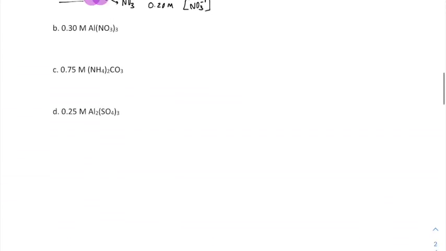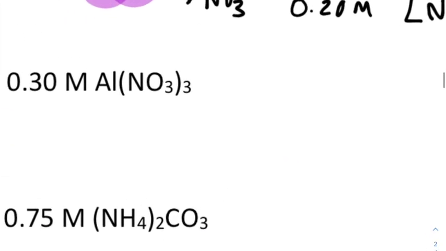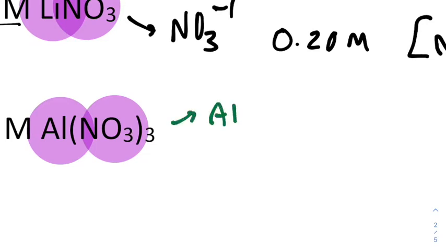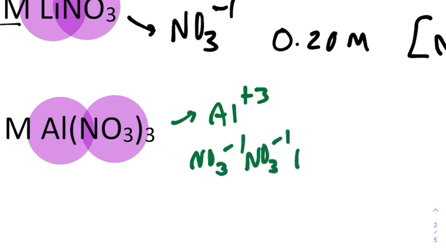So why do I bring tricycles up? Because that's our next one here. Our next one is aluminum nitrate. So let's check this guy out. I've got aluminum and nitrate. When this guy breaks up, he breaks into the aluminum with the +3 ion, and he breaks into 3 nitrate ions, like so.